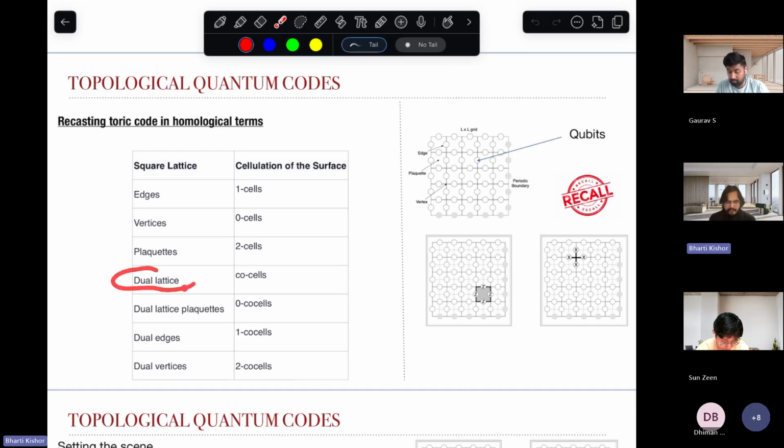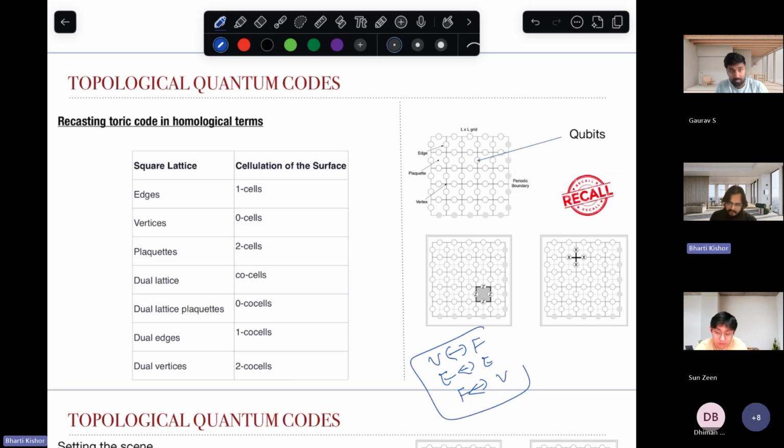In the dual lattice, dual lattice plaquettes are called zero-cocells, dual lattice edges are called one-cocells, and dual lattice vertices are called two-cocells. This makes sense because a vertex in the primal lattice becomes a face in the dual lattice, edges get mapped to edges, and faces get mapped to vertices.